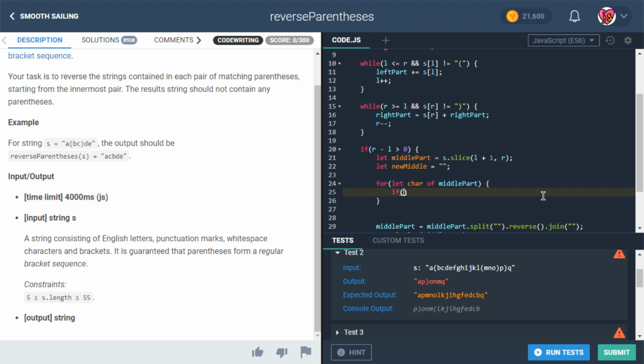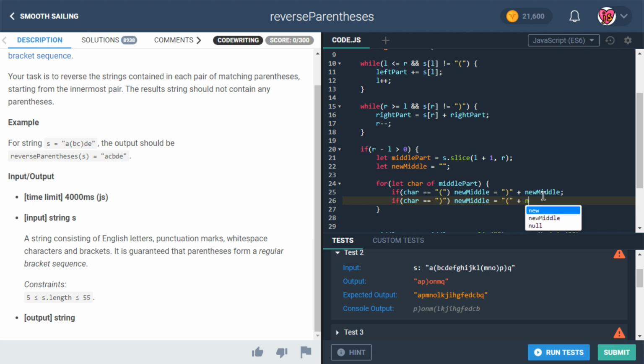if character is this open parenthesis, then we'll say new middle is assigned the value of close parenthesis plus new middle, whatever it was. We'll say if character is this thing, then new middle is the open parenthesis plus new middle.